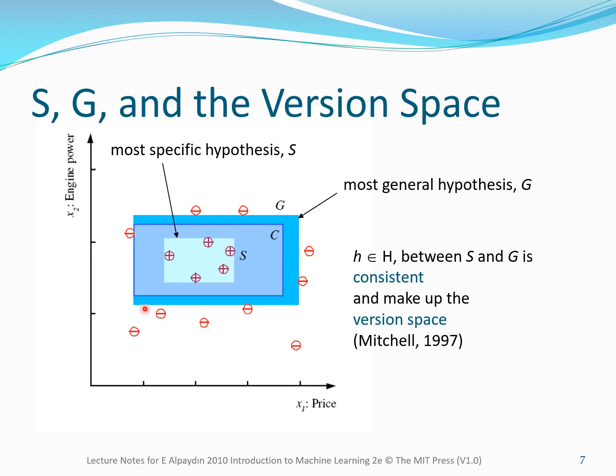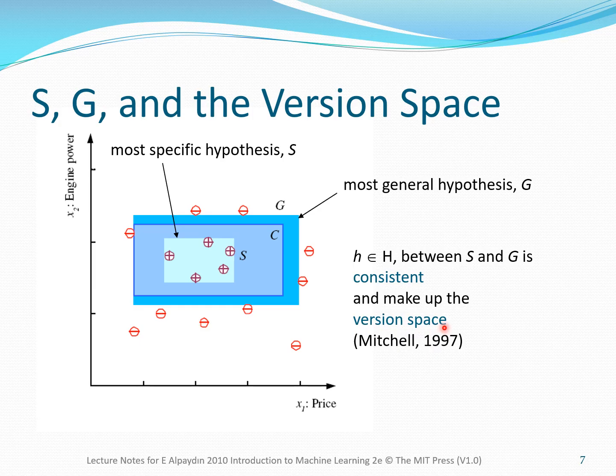Any h belonging to H between S and G is a valid hypothesis with no error, said to be consistent with the training set, and such h make up the version space. You can see here.